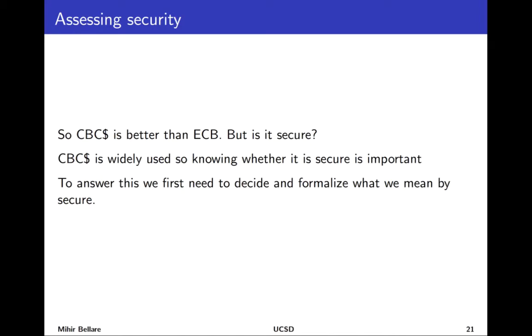And a lot of our effort now is going to go into thinking about how we give some evidence that CBC or counter mode are indeed secure, and that will involve not just figuring out how to give evidence of their security, but figuring out how to formalize what we mean by security in such a way that, for example, this voting application is captured in our formalization.